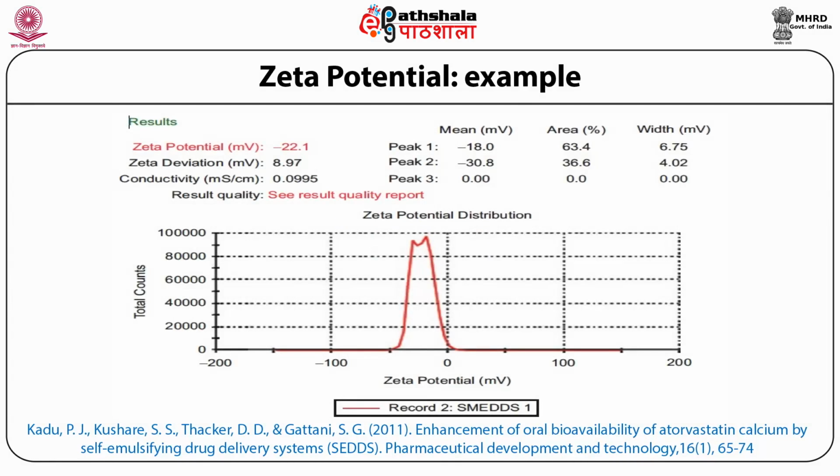This is the image obtained from a zeta sizer in zeta potential mode, and the graph is between zeta potential in millivolt versus total counts. The peak obtained is not sharp, and therefore the instrument has recognized these peaks as peak 1 and peak 2.